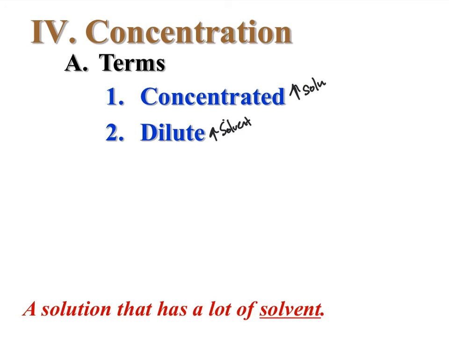Solute, right? So when you're mixing two, you always have a solvent and a solute if you have a solution. So a dilute solution has a lot of solvent, whereas a concentrated solution has a lot of solute. More solvent, it's a dilute solution. A higher concentration of solute, it's a concentrated solution. All right, so let's move on.